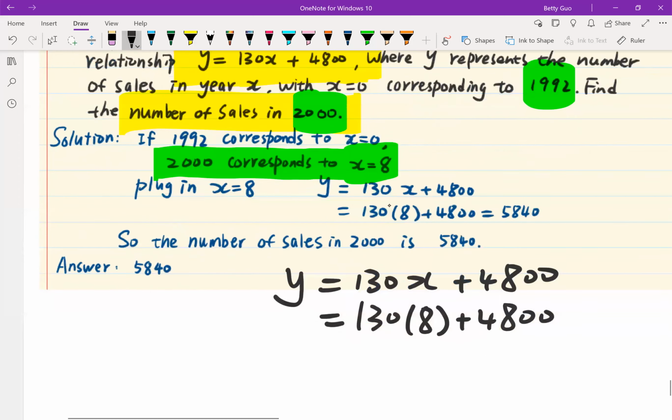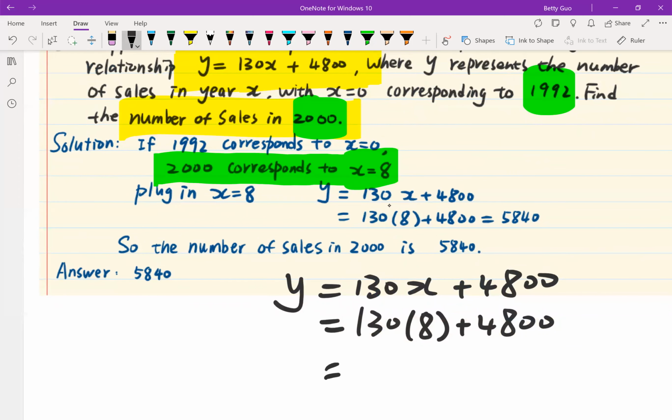Multiply first. 130 times 8 is 1040. 1040 plus 4800 gives you 5840. So the number of sales in 2000, as x equals 8, is 5840.